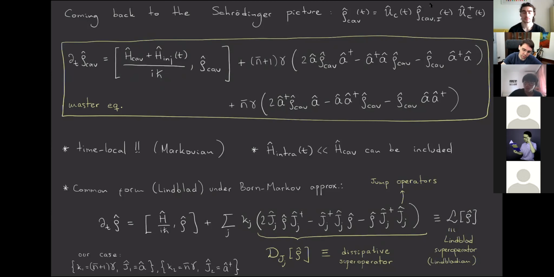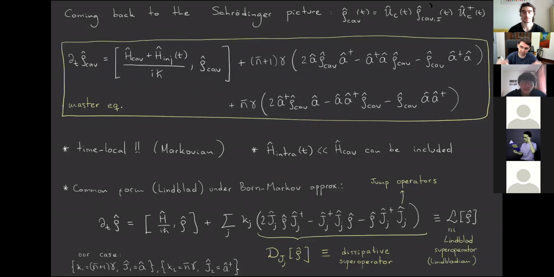So I told you that this form for the master equation is not something accidental. This happens whenever you have the Born approximation, and you also have Markovian conditions. We will talk about Markovian conditions more today.